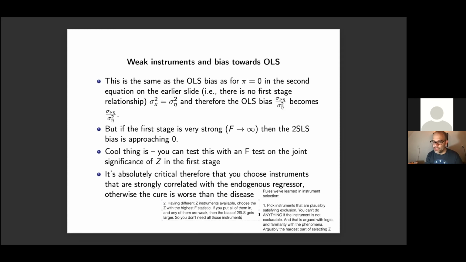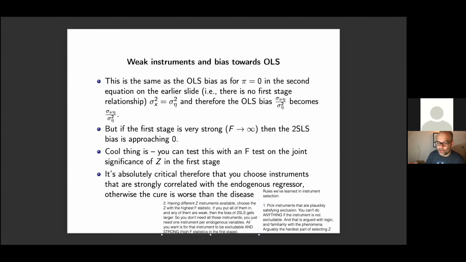You just need one instrument per endogenous variable. All you want is for that instrument to be excludable and strong, with a high F statistic in the first stage. That's what you're looking for.